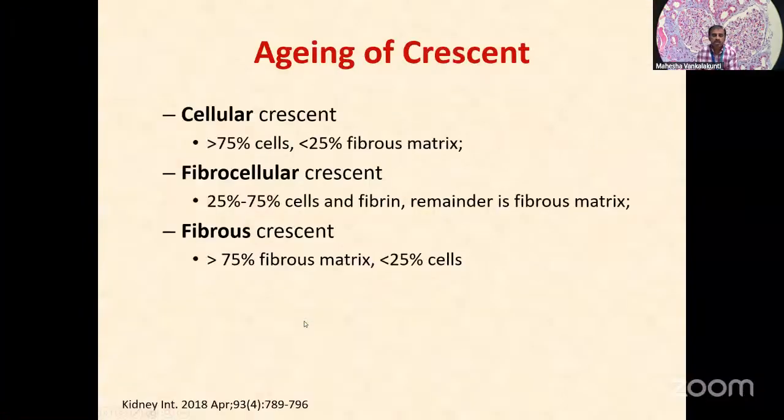The aging of crescent is one thing which we need to keep in mind, because this is one of the findings that gives us insight into what kind of etiology the renal damage could be of. The aging of crescents are cellular, fibrocellular, or a fibrous crescent.